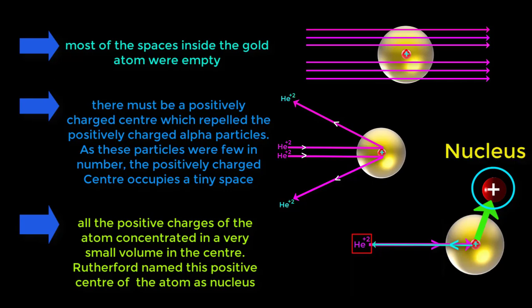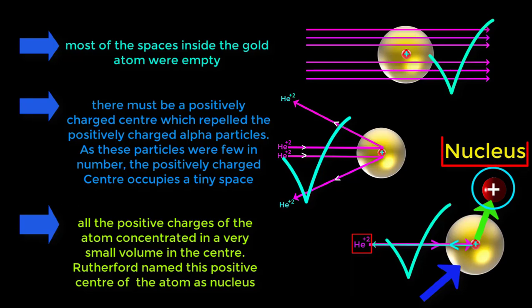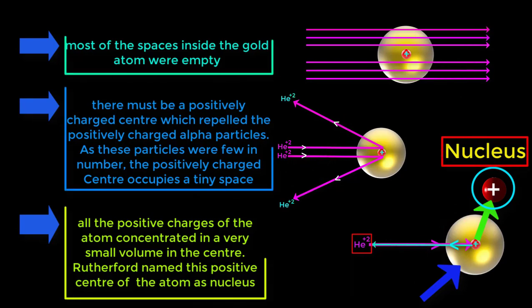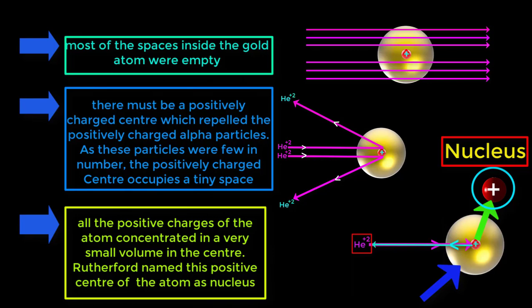Looking at the proportion of the particles undeflected, deflected and rebounded, and based upon some calculations, Rutherford concluded that most of the mass of the atom is concentrated in the nucleus. Based on all these conclusions, Rutherford suggested an atomic model which is known as the nuclear model of atom.